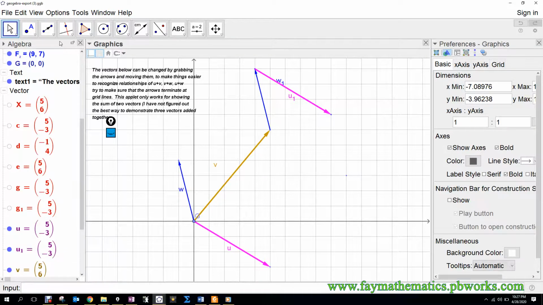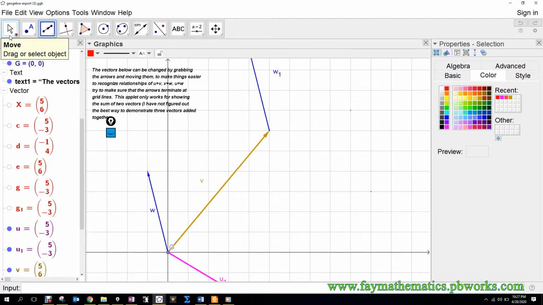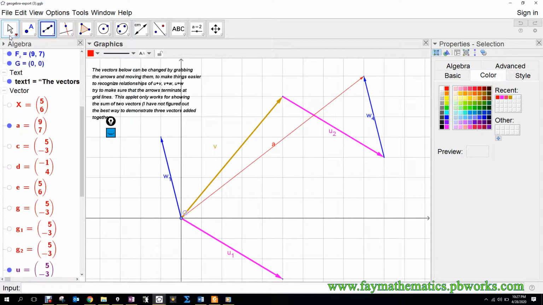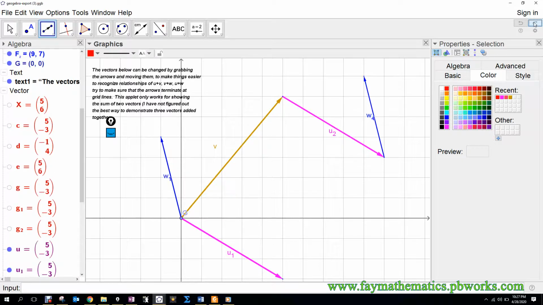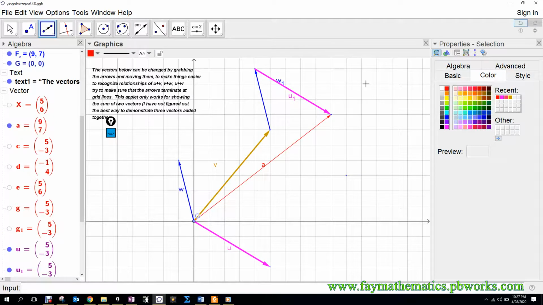Does it still give me the vector right there that is 9, 7? What I had earlier, I think. Let me just go back, double check. Yeah, so 9, 7 here when we went gold, then add to it purple, then add to it blue. Or if we go gold, then blue, then add to it purple, still gives me the same vector, 9, 7. And basically what that tells us then is it doesn't matter the order that I add my vectors. So vector addition is commutative.